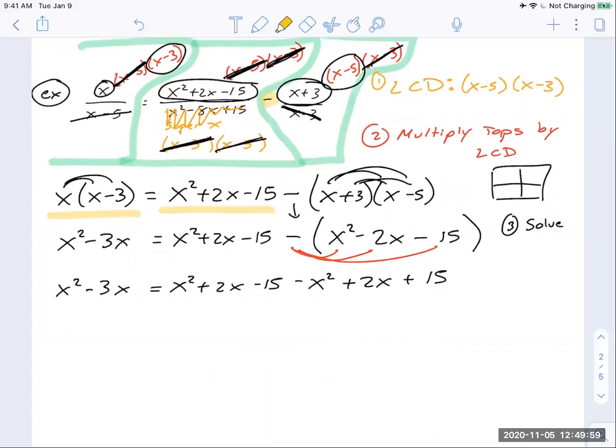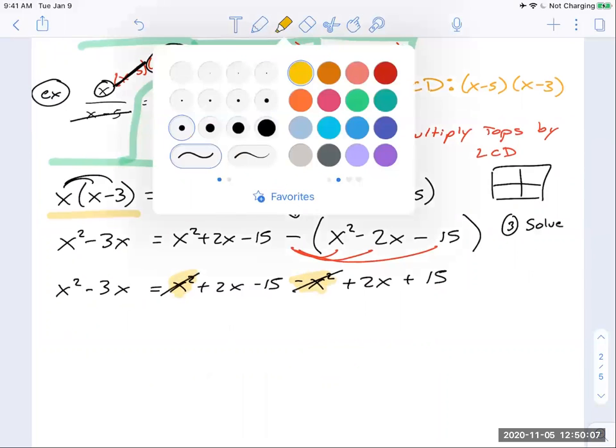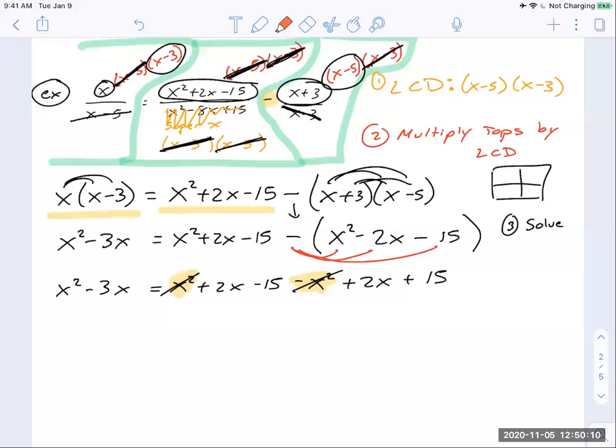Okay, combine like terms. X squared, negative x squared. Those cancel. Two x, that makes 4x.